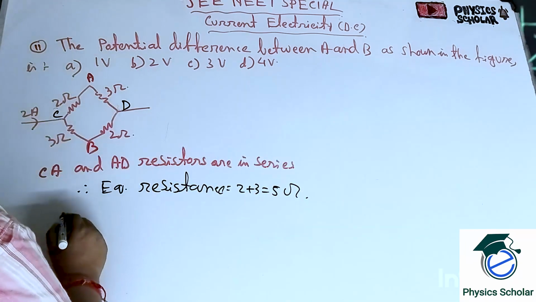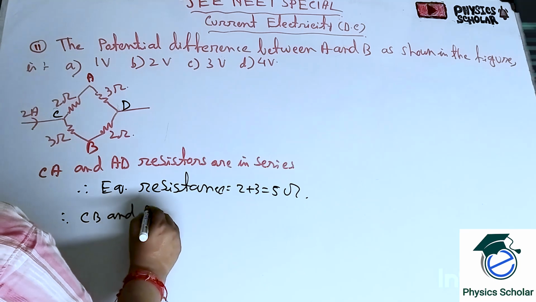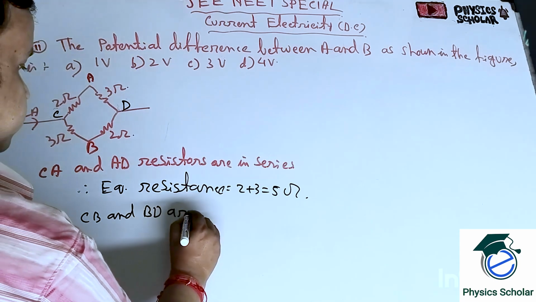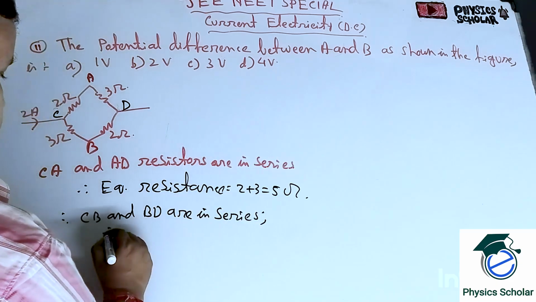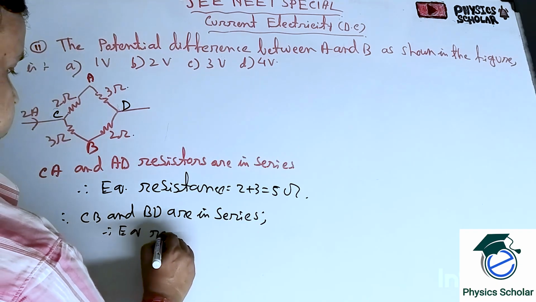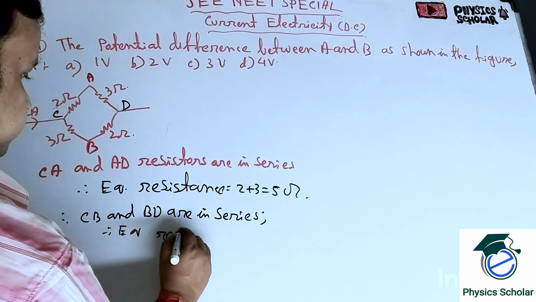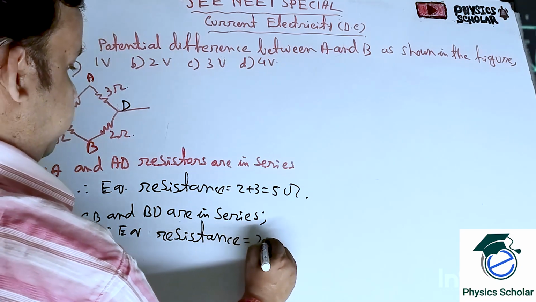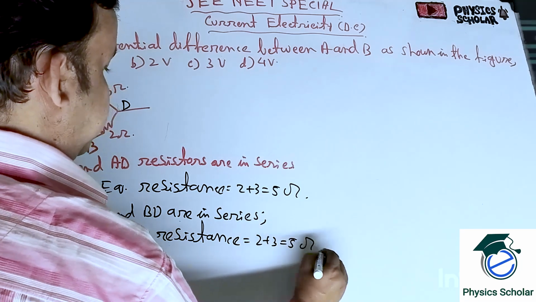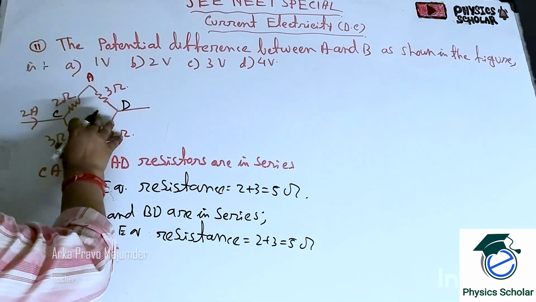Similarly, CB and BD are in series, so the equivalent resistance is equal to 2 plus 3, which is 5 ohms. That means the equivalent resistance of this part and this part is the same.